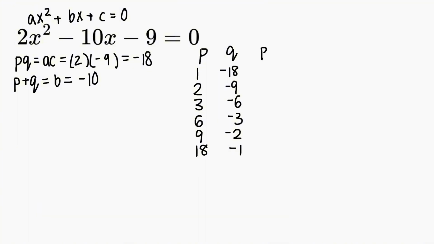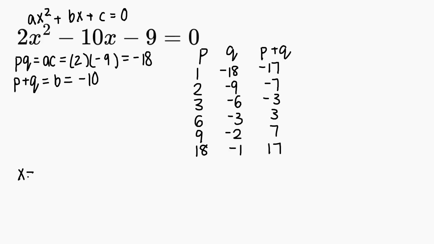And now, let's look for a sum of -10. So we have -17, -7, -3, 3, 7, and 17. As you can see, none of them are equal to -10, so we need the quadratic formula.